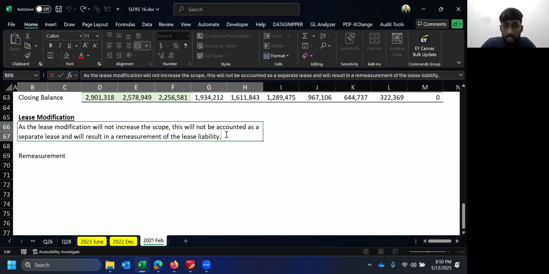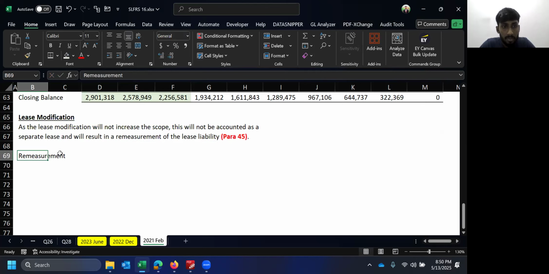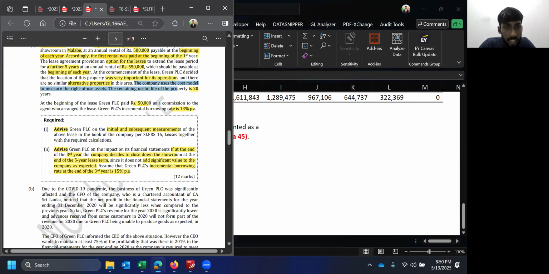So you can refer to para 45. Remeasurement of lease liability. Now, this decision is made at the end of the third year.